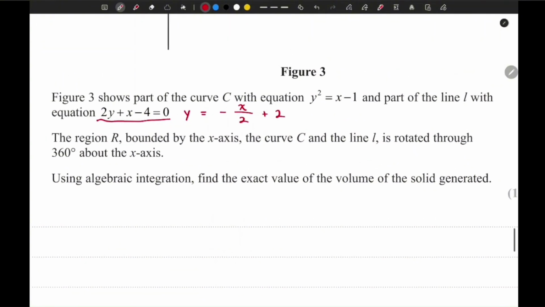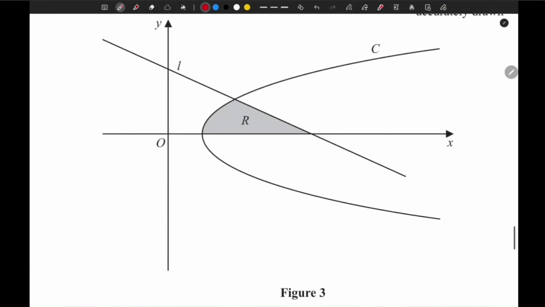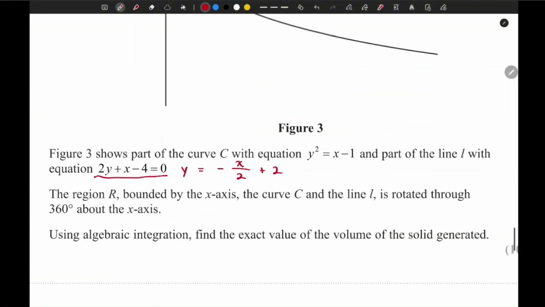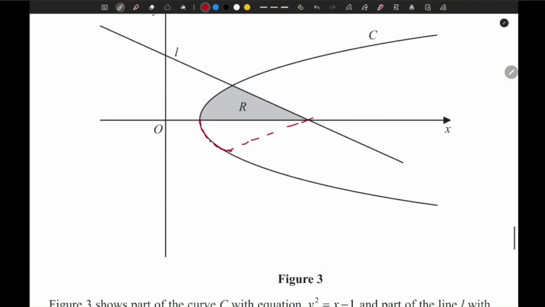Now the region R bounded by the x-axis, I mean the region R is rotated through 360 degrees about the x-axis. Now using algebraic integration, find the exact value of the volume of the solid generated. So first of all, let's find the x coordinate of the point of intersection.